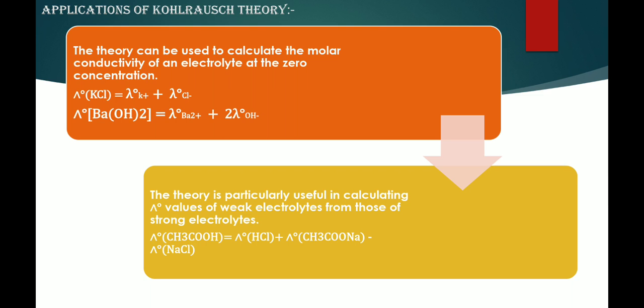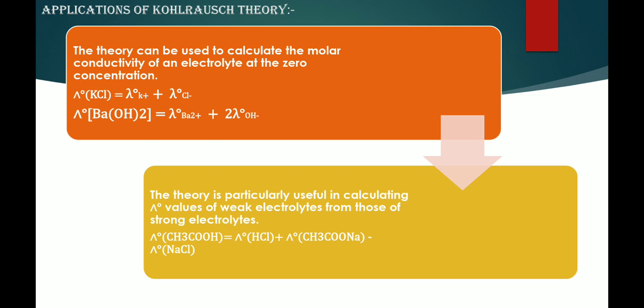Now, the theory can be used to calculate the molar conductivity of electrolytes at zero concentration. This is the application of Kohlrausch's law, where we use this law to calculate the molar conductivity at zero concentration of a weak electrolyte by using the molar conductivity at zero concentration of strong electrolytes.